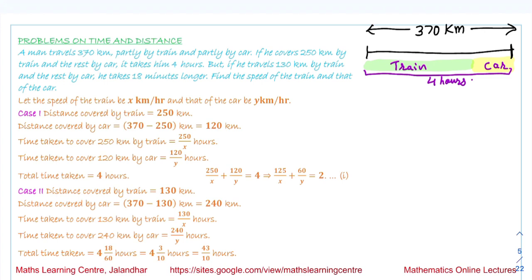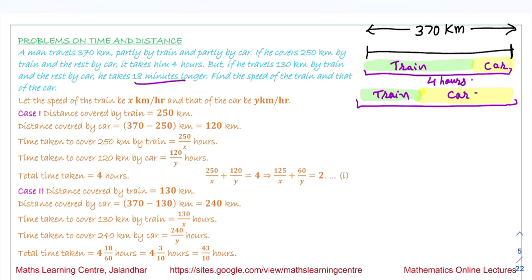If he travels 130 kilometers by train and the rest of the distance by car, it takes him 18 minutes longer.